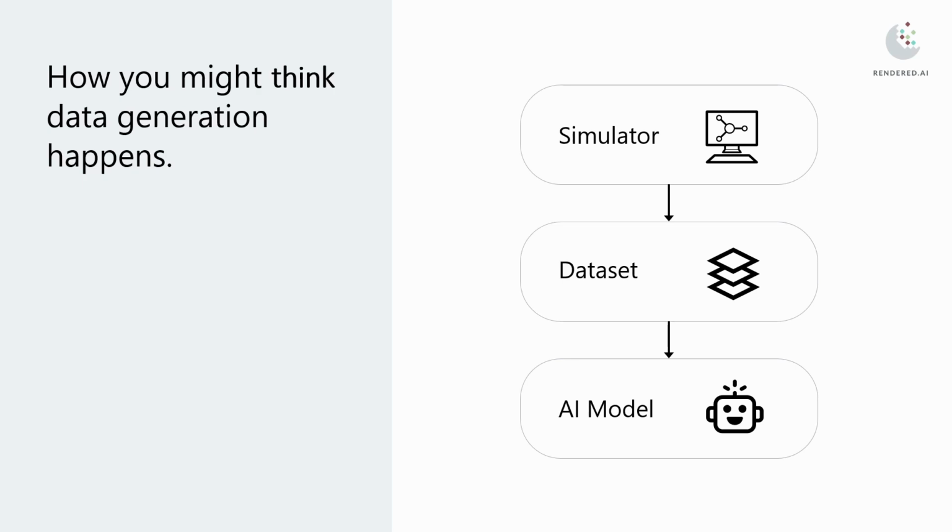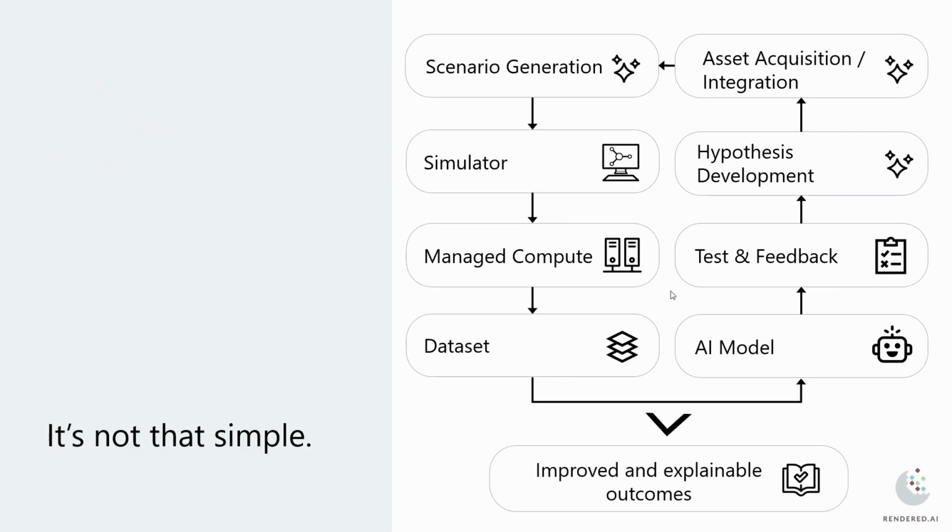in that data set. It doesn't touch on the things that we know from real world data sets are crucial, like the diversity of the data set or how well the simulator matches the domain of the real world. And so what we find in the real world is that, first of all, it's not that simple. In order to generate that data set, a lot of additional steps needed to take place. And secondly, it's really important to have that in an iterative context.